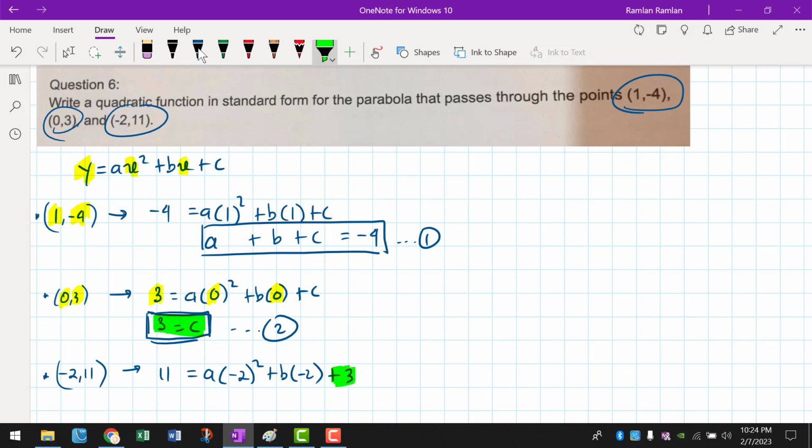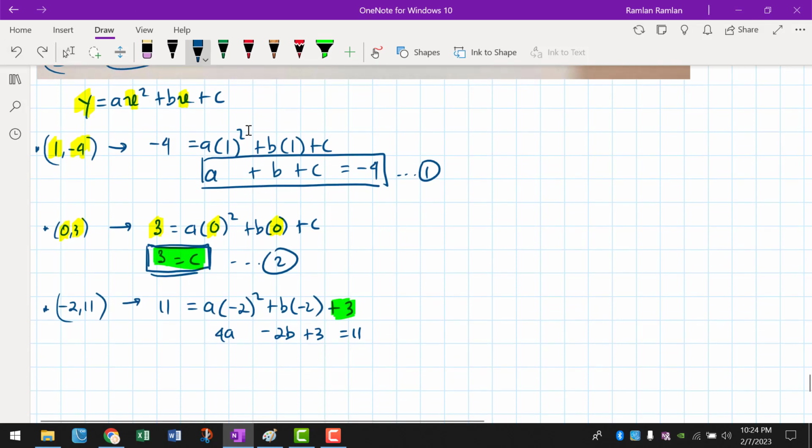Okay, so let's expand that. Negative 2 squared is 4, so there'll be just 4a, and then b times negative 2 is negative 2b, and then plus 3, equals 11. I'm just moving that to the right side. Now we can move the 3 to the right side again.